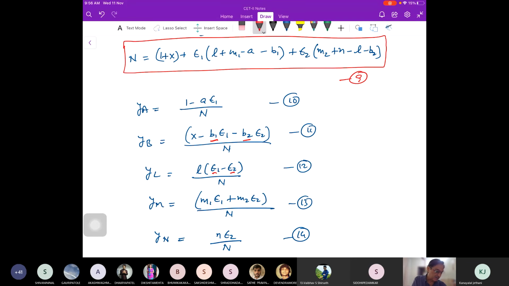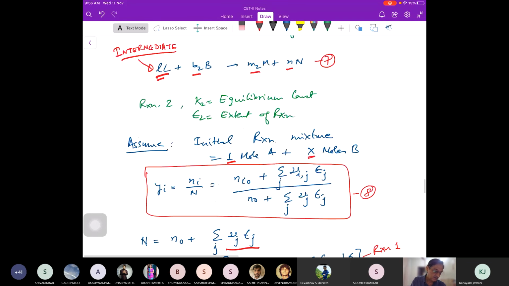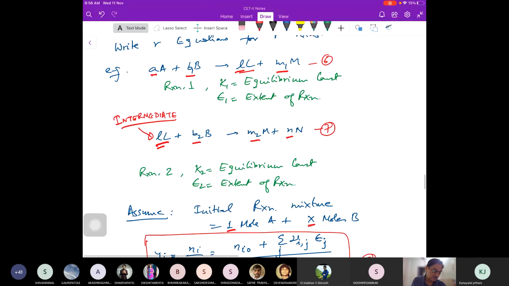M is formed in both reactions, getting formed here as well as here.